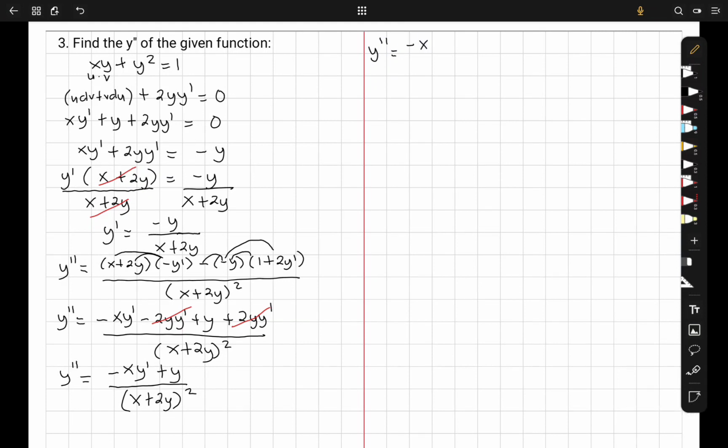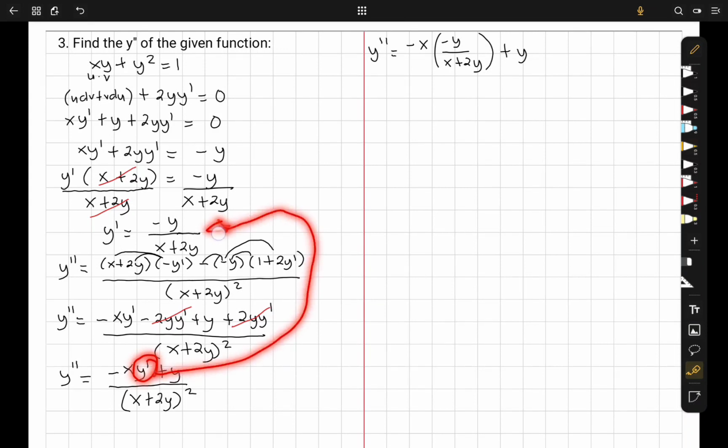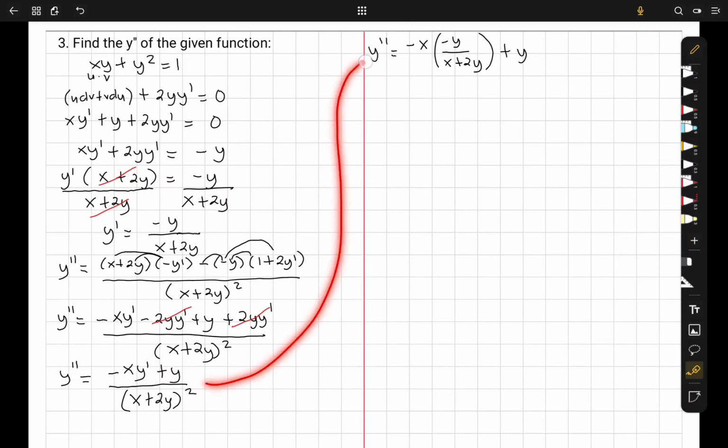So, we have y double prime is equal to negative x. Ano yung y prime natin? That is negative y all over x plus 2y, plus y. So, sir, paano naging ganun? Ito kasi, di ba, may y prime tayo and we have a value for y prime, so gagamitin natin siya.